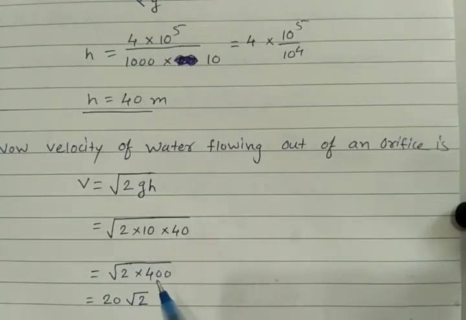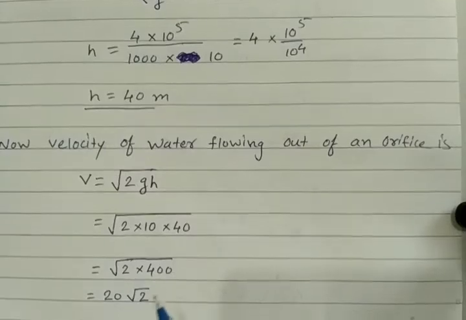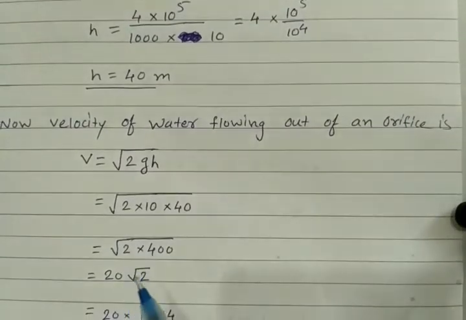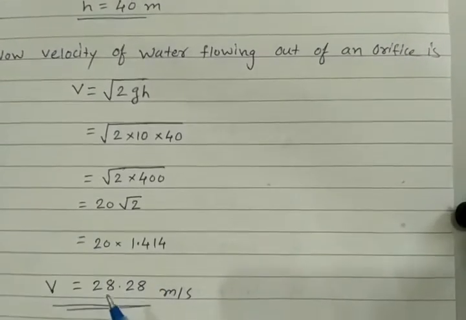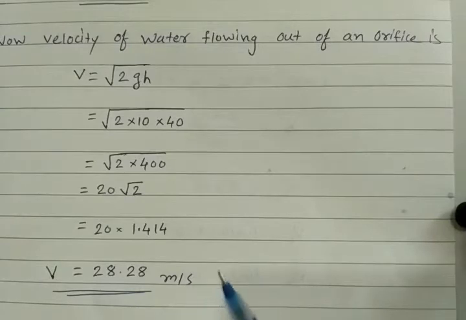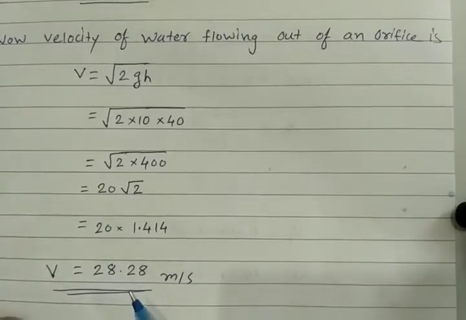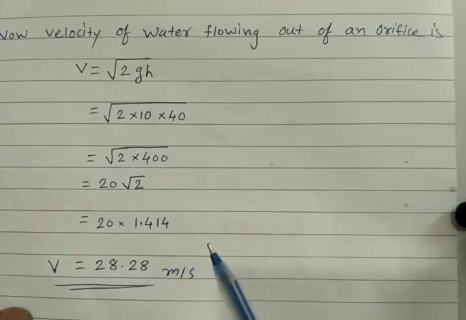So 40 into 10 is 400. The square root of 400 is 20 and the value of root 2 is 1.414. So 20 into this, the answer is 28.28 meter per second. So this is the final answer for the velocity.